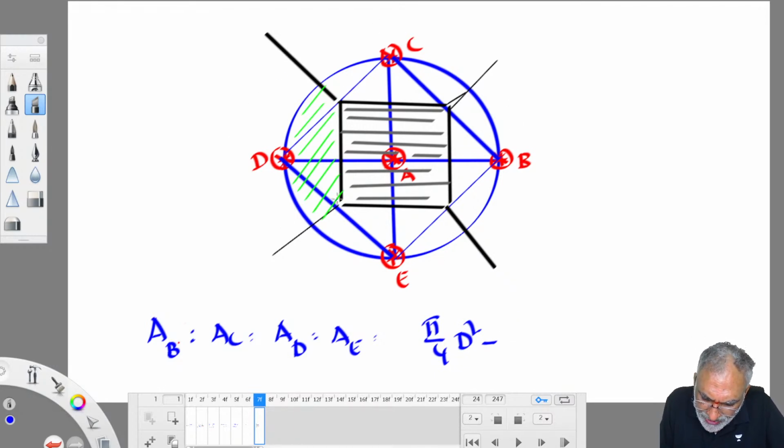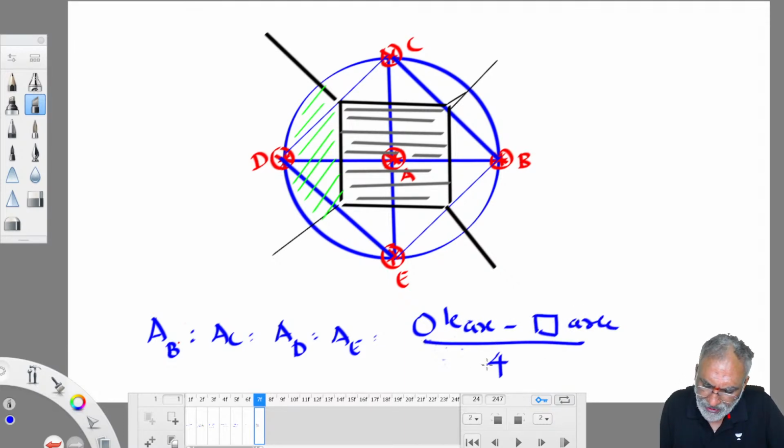Big circle minus small square, by 4. So I will write here: total circle area minus small square area inside, so circle area minus square area by 4. Okay, each station will take this much area.